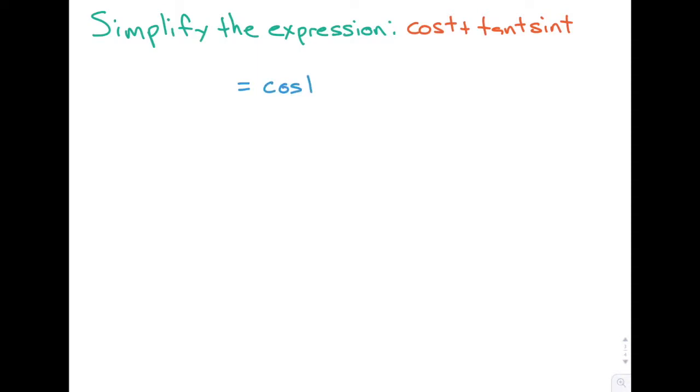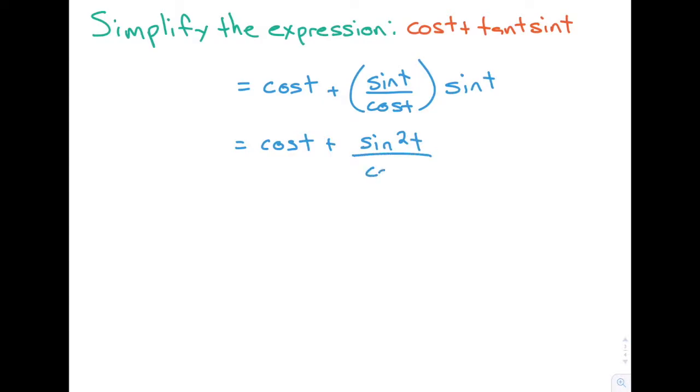So cosine t is already in terms of sine and cosine. Then we have sine t over cosine t and sine t. So now if we multiply things out, we'll have cosine t plus sine squared t over cosine t.